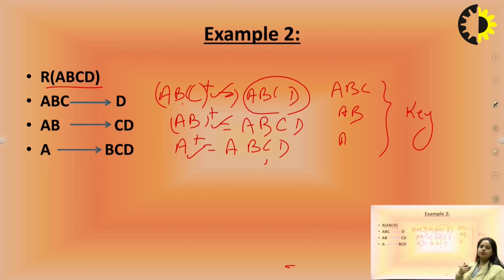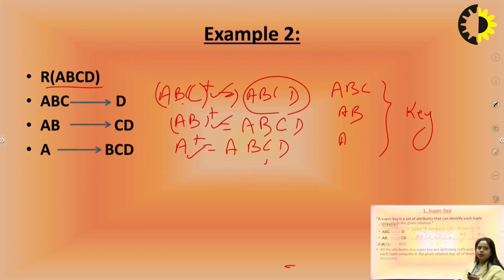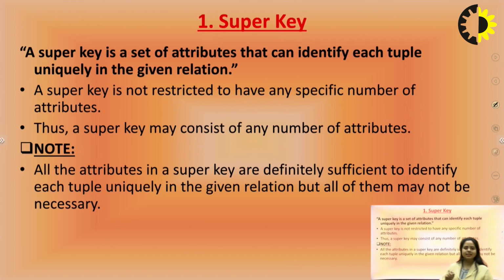Now a term comes to mind: super key. What is a super key? So in DBMS, all 3 are keys. Now the next term that comes into the topic is super key. To help you understand the concept, I used the terminology key. But in DBMS, if someone asks what a key is, you should ask which key they are talking about: super key, candidate key, primary key.